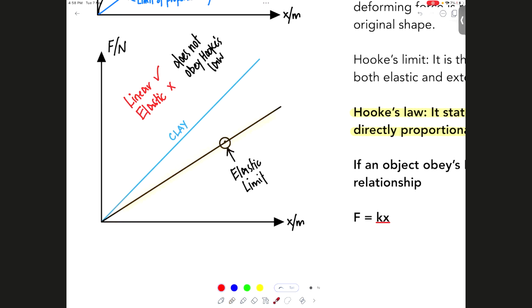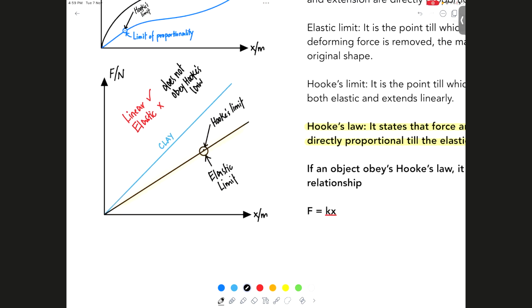So wouldn't that mean the region behind this is elastic and also linear? So therefore, what does it obey? Hooke's law. So this is your Hooke's limit as well. It's difficult to find such a material, but it could be continuously linear, but meanwhile what did it lose in between? Elastic behavior. Okay, it exists, by the way. Certain kinds of steel do that.